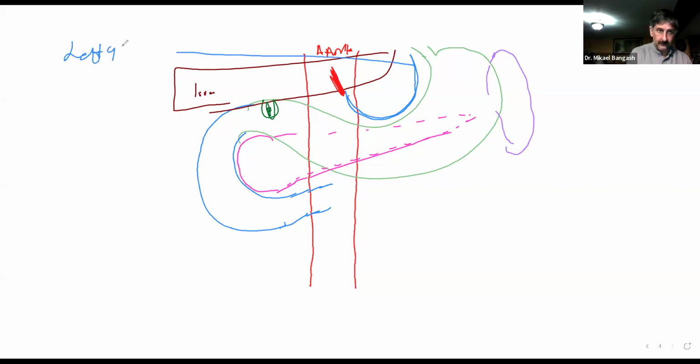So that's going to be the left gastric artery.